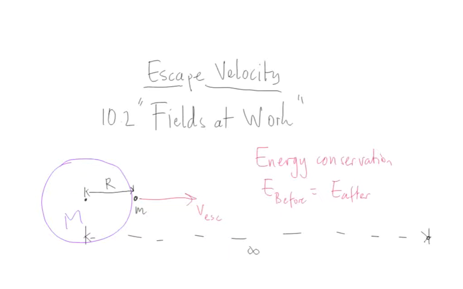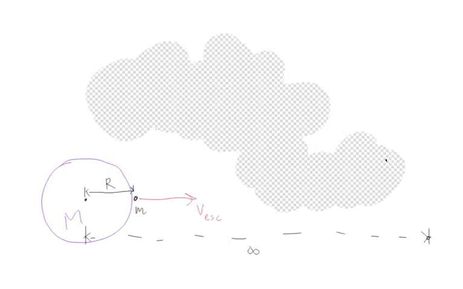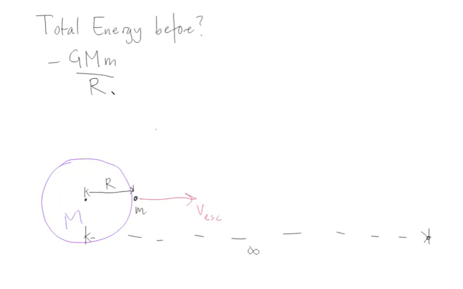So what is this? Well, let's just make some space. What's the total energy of the system before? Well, we have a gravitational potential energy, which is minus big G m little m over r.